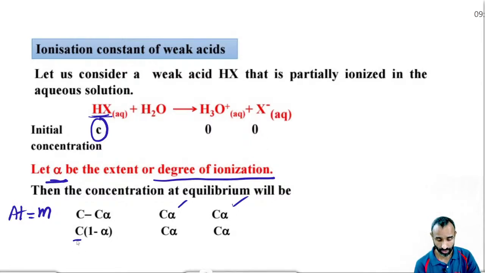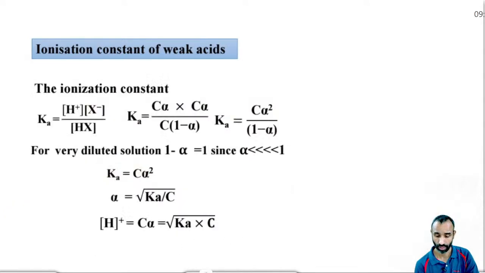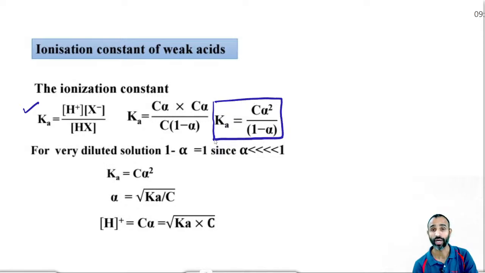So C is common here, C into 1 minus alpha, that is equal to C alpha, C alpha, and therefore ionization constant of acid is equal to H plus ion concentration into X negative ion concentration divided by unionized acid concentration. So in this way, Ka comes out to be C alpha square upon 1 minus alpha.